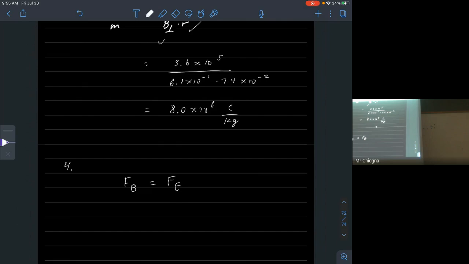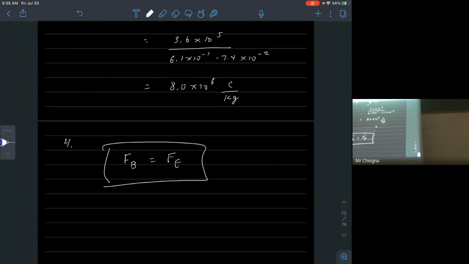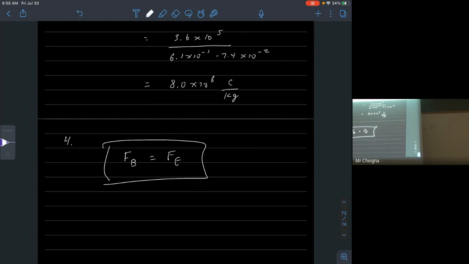They're equal. In that case, it would not deflect. That's what they mean. The forces balance each other. So you have QVB. What's the electric force? It's just QE. There's no velocity in that.